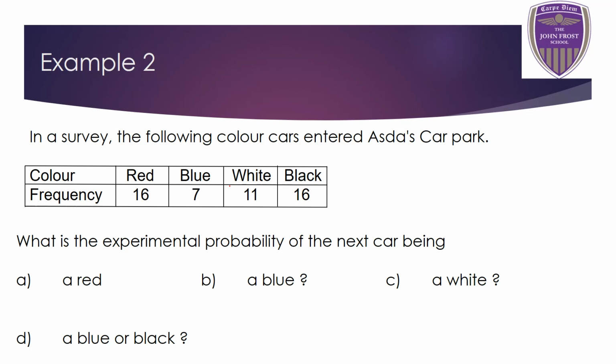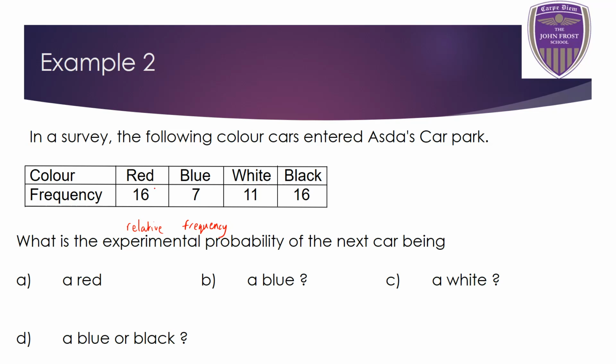So, example 2 then. This is a survey which noted the colour of the cars that entered Asda's car park. So, there were 16 red cars, 7 blue, 11 white, and 16 black. So that's what was recorded in this experiment. Based on that information, what's the experimental probability or relative frequency that the next car coming into the car park would be a red car?